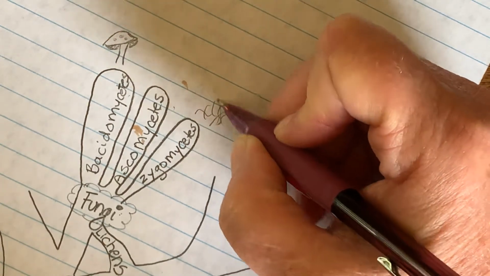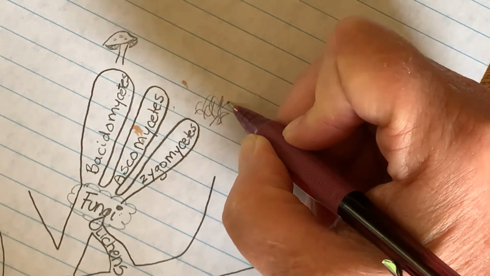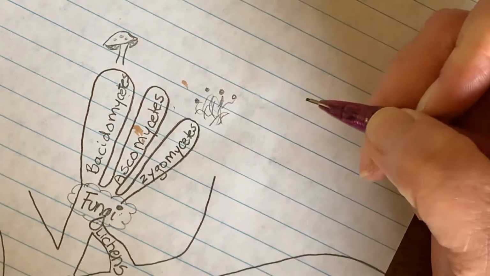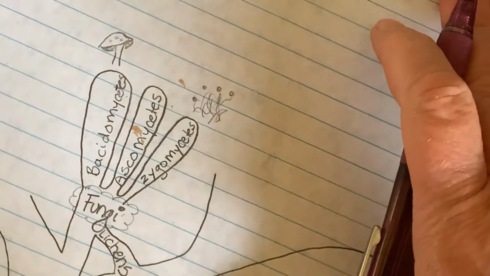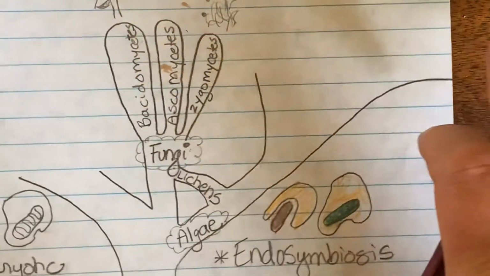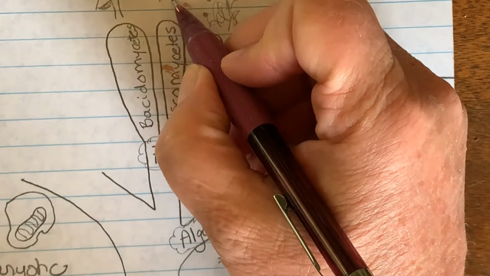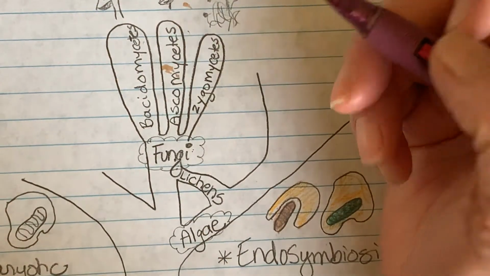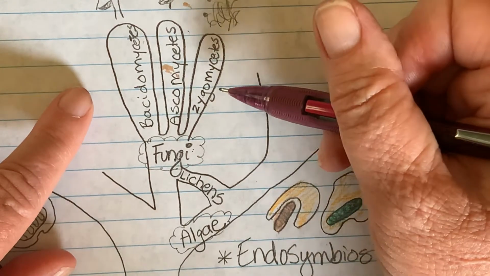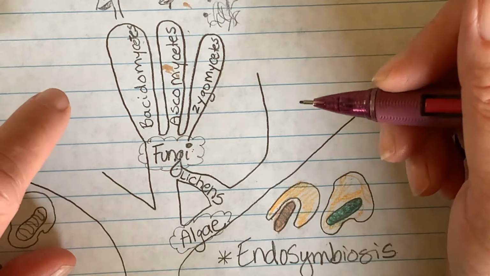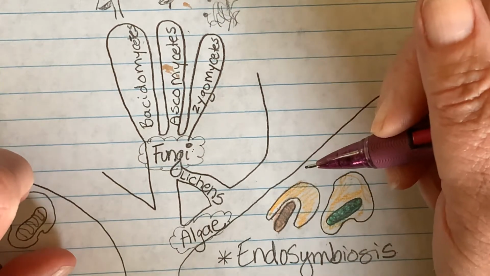So probably when it comes to fungi that you're pretty darn familiar with in your kitchen, it's going to be the Zygomycetes. And this is just going to be a different kind of fungi here. So there we go. We've got 3 different ones. There's more, but I just wanted to limit it to a couple that you might want to look at.